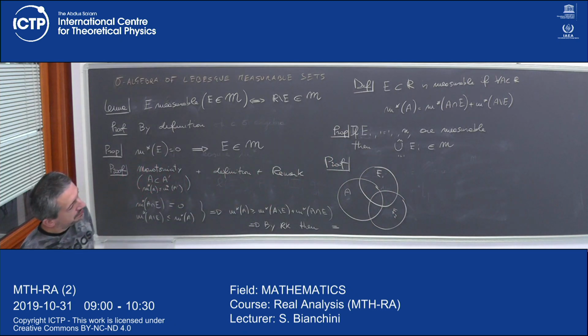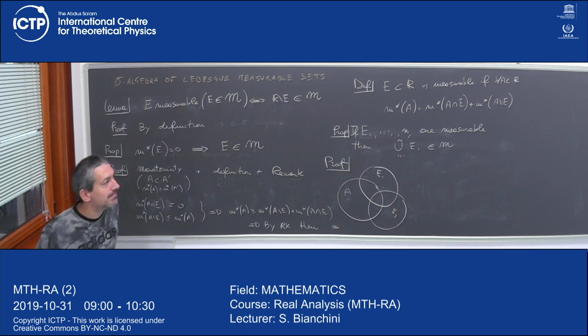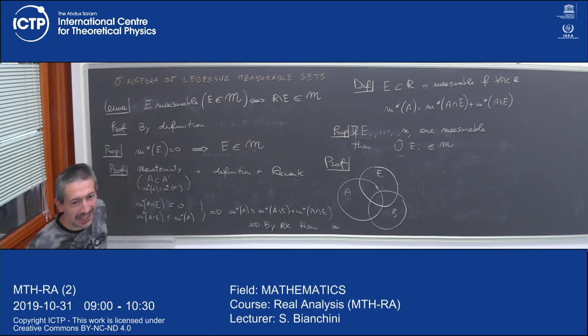Okay. Now we have just to use the definition up there for E1 and then for E2 and then rearrange things. Does anybody want to try? Okay, I will start and then you'll say the next.